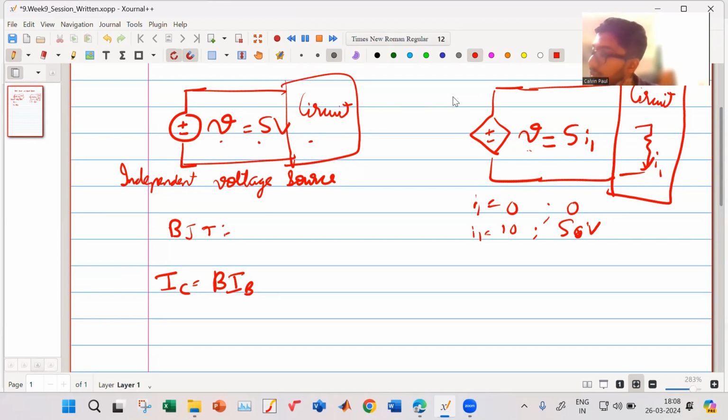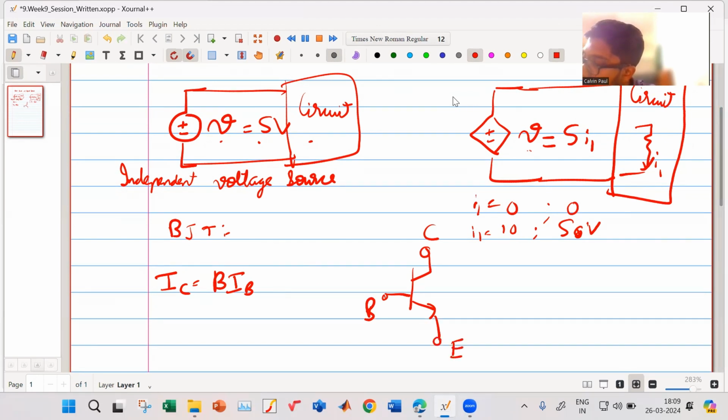Yeah. So first of all, we'll consider the BJT. So this is a BJT, okay. Which is your collector, base and emitter? The left one is base, the top one is collector, and the down one is emitter.